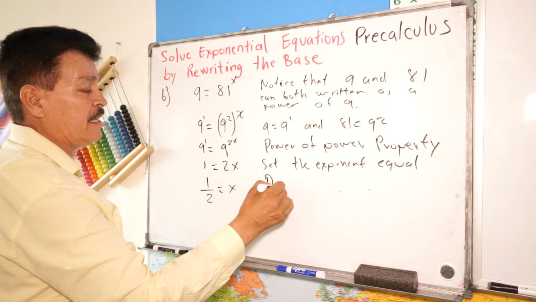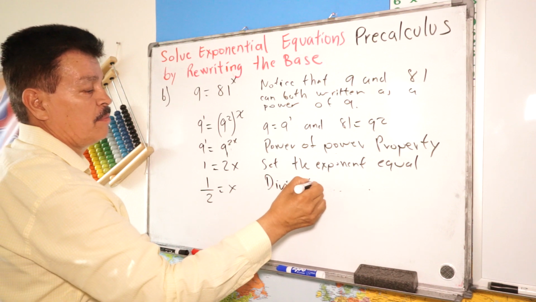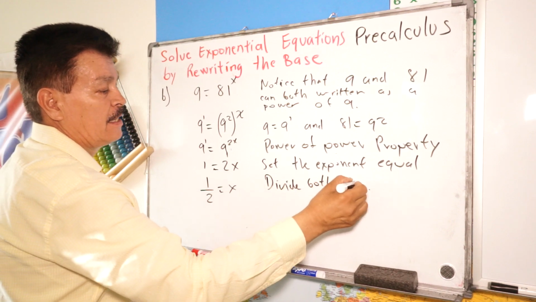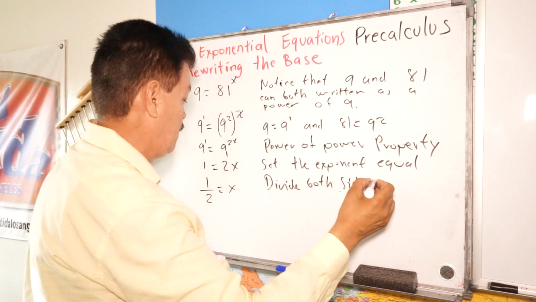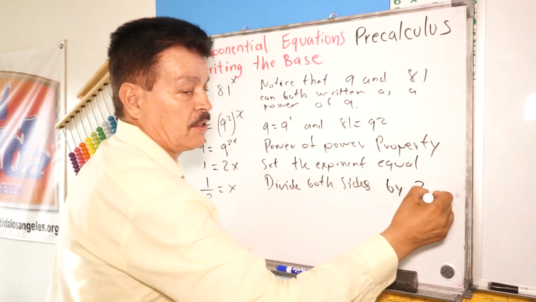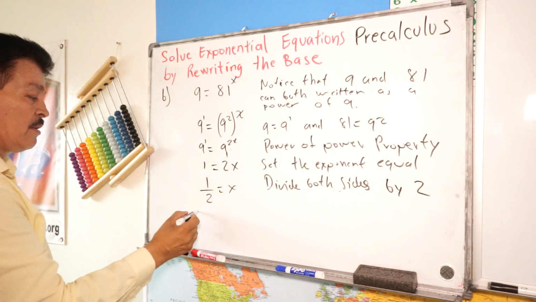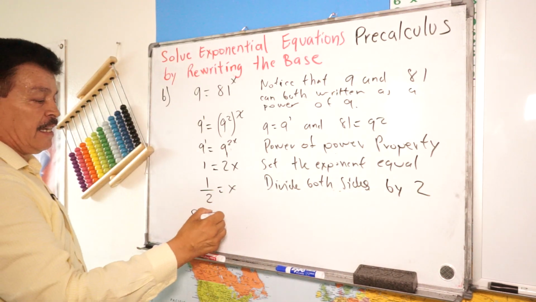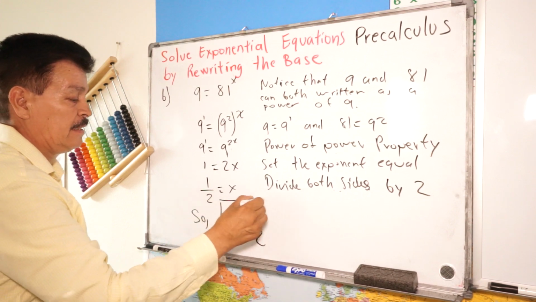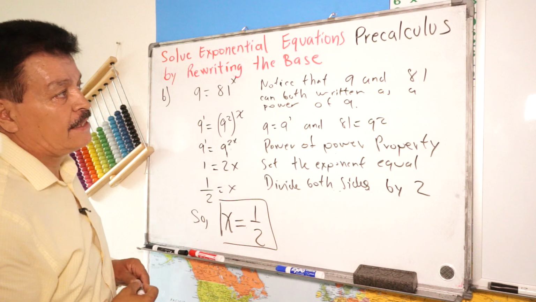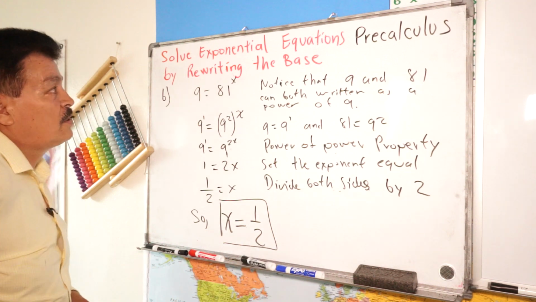So we divide both sides by 2, right? So our conclusion, x equals 1/2, right? That's it. That's our answer. So this is our topic.